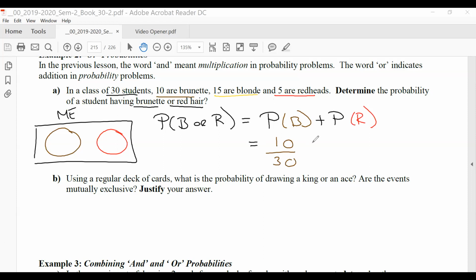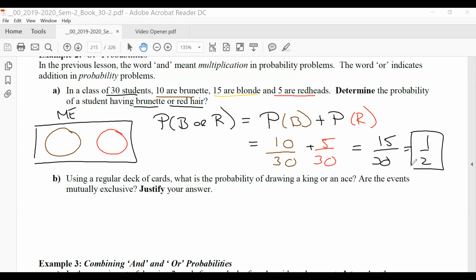Probability of being a redhead is 5 out of 30. And what's the probability of me selecting one or the other? Well, 15 out of 30 or 1/2.